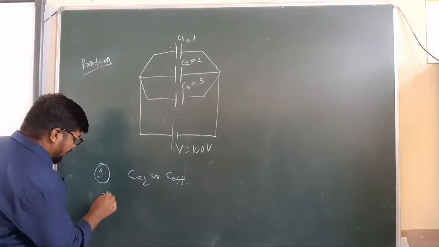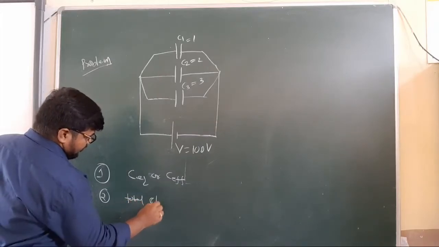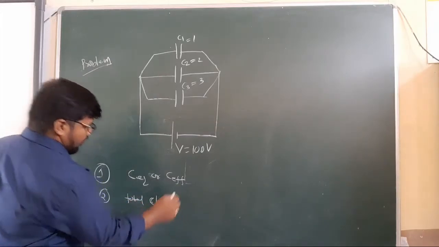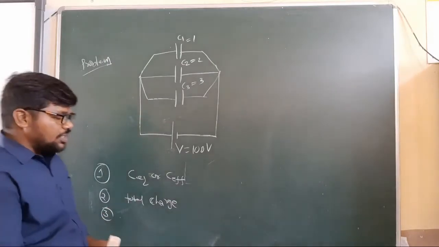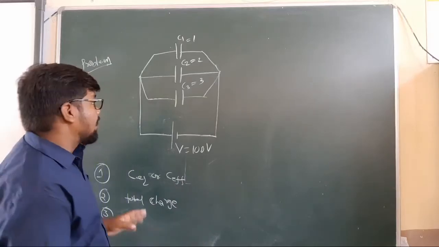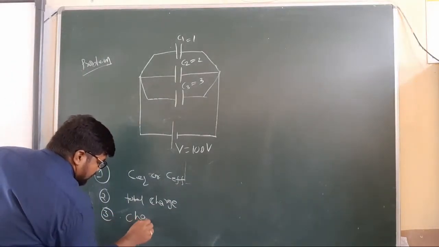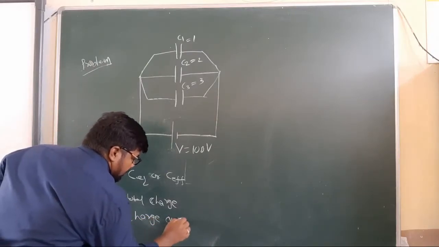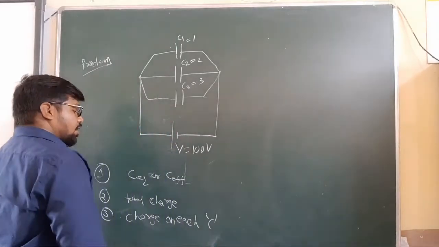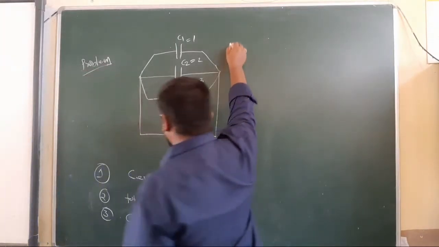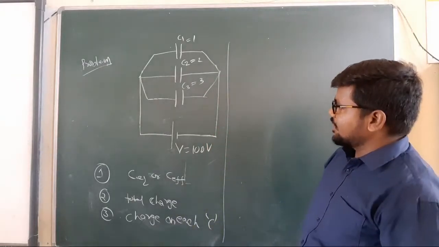Then after that we have to find the total charge. Then we need to find the charge on each capacitor. Okay. So now we need to find the equivalent or effective capacitance.